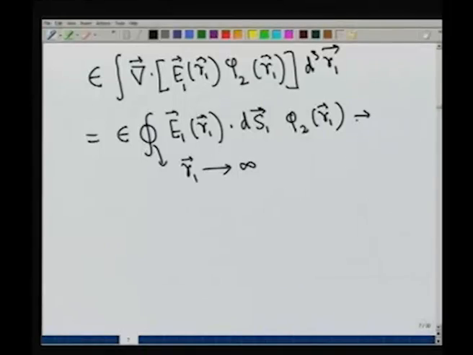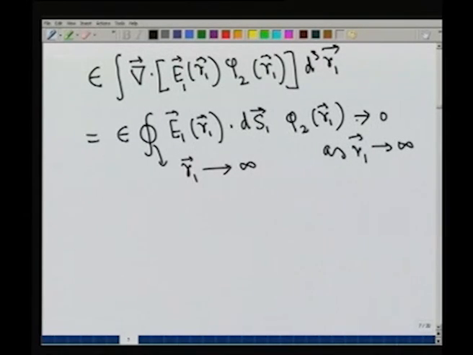Therefore, we are necessarily looking at fields which die as we go to infinity. Finite charge distributions produce fields which go to 0 as r goes to infinity. My potential can either go to 0 or a constant depending on the choice of the origin. Therefore, this integral goes to 0 as r1 goes to infinity, and so it is identically equal to 0.